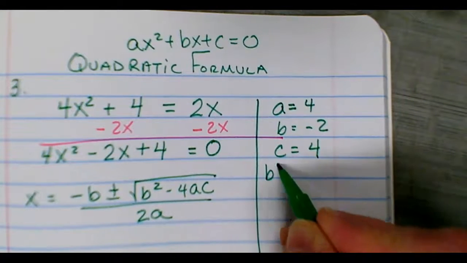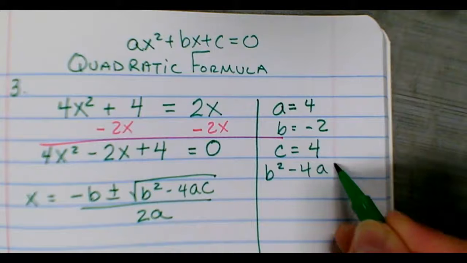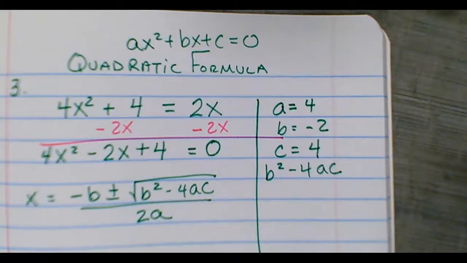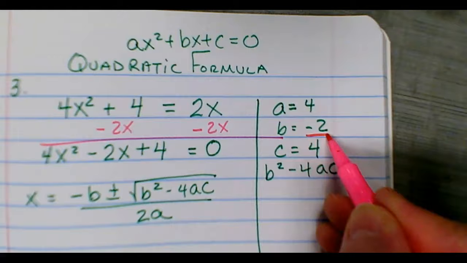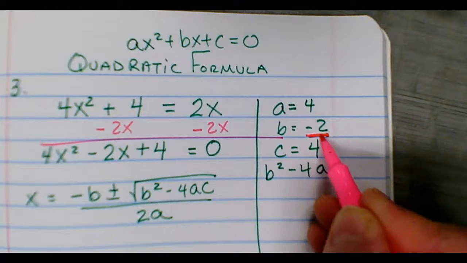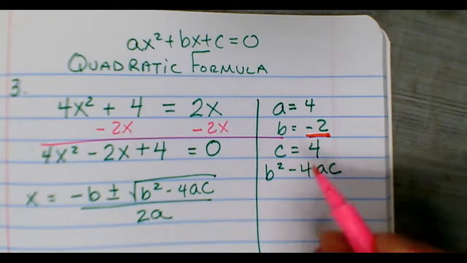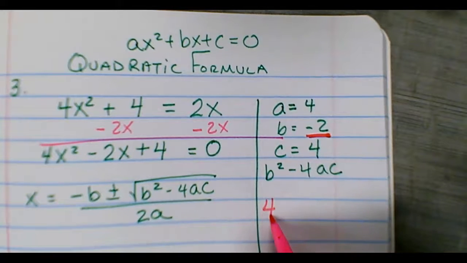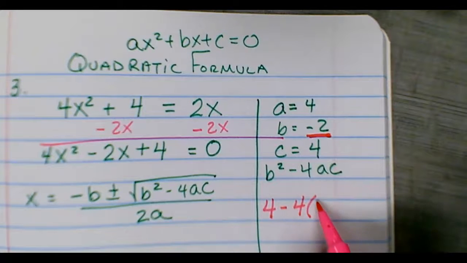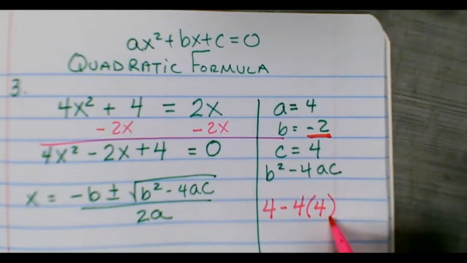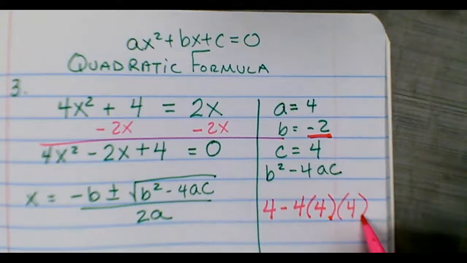In this problem, when we do b squared minus 4ac, we have a lot of 4's. B is squared. What do you get when you square that? Minus 4 from the formula, what's the a? The a is 4. And the c is 4.